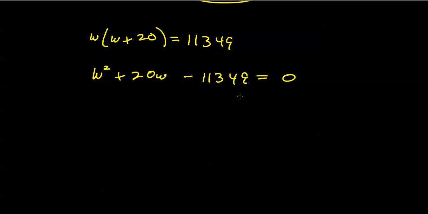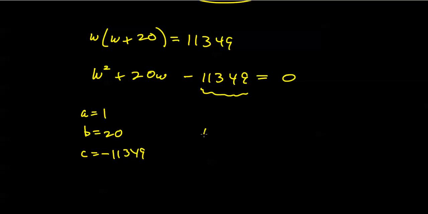And again, I may be able to factor this, but 11349 makes me nervous. I'm not sure I could spot the proper factors even if I tried to factor this. So I'm going to go right to the quadratic formula. The quadratic formula always works. And with the numbers being so cumbersome, of course, I'm going to employ the use of a calculator.